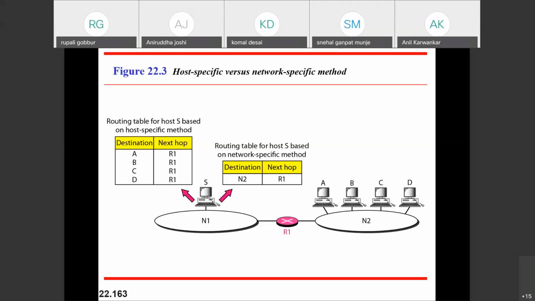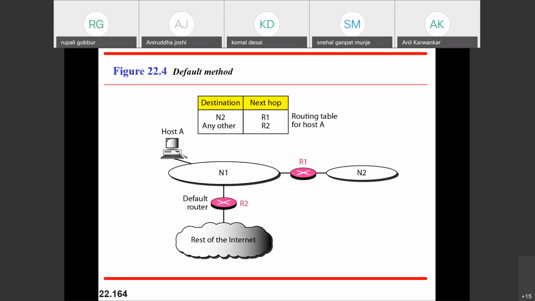It's only the virtual address that must be known. The virtual address, that is the IP address for N2, must be known so that the packet will be properly destined to the destination IP address in N2. That's the host specific method of maintaining.